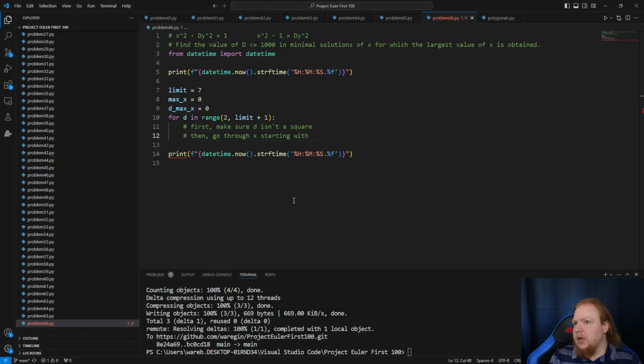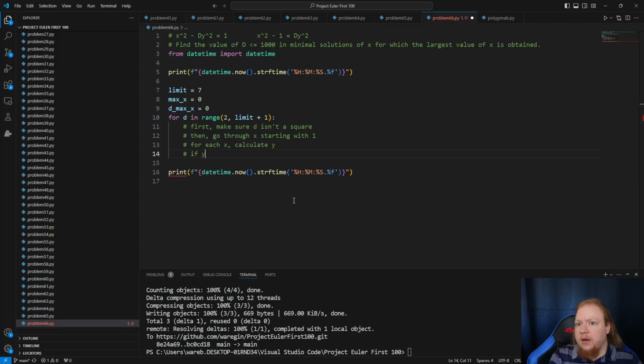I'm going to say 1. And then for each x, calculate y. And if y is a whole number, check x against max x and save if larger.